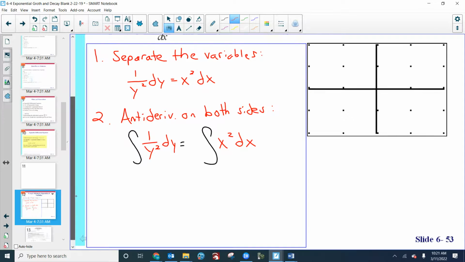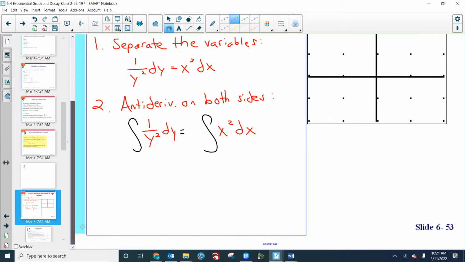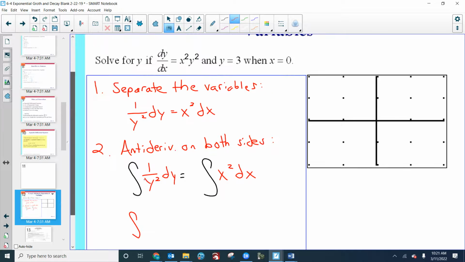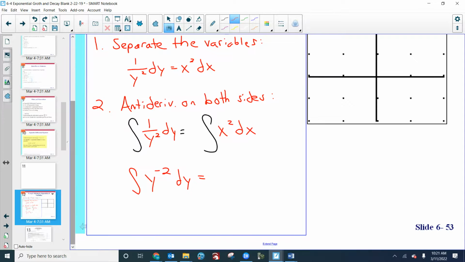Now, here's the deal. Watch up here. There's an equal sign. You have to keep things equal. If I choose to rewrite the problem on the left side, I'm not going to take the antiderivative on the right side.